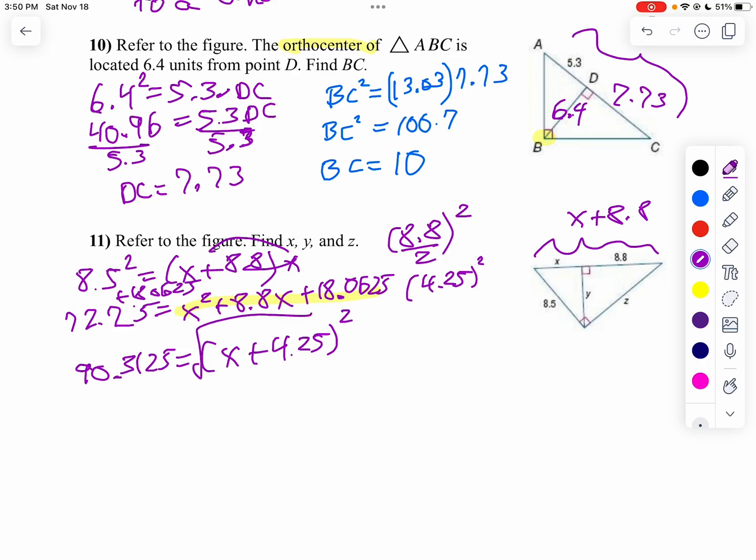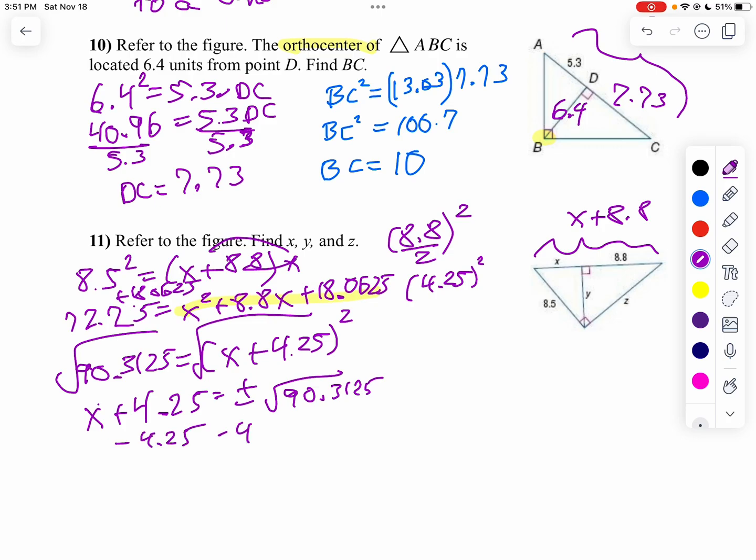And then to get rid of the square, I take the square root. So I get x plus, I like to write the x on the left-hand side, 4.25 equals plus or minus the square root of 90.3125. Well, then what I'll do is I'll subtract 4.25 from both sides. And I'll get x is negative 4.25 plus or minus the square root of 90.3125.